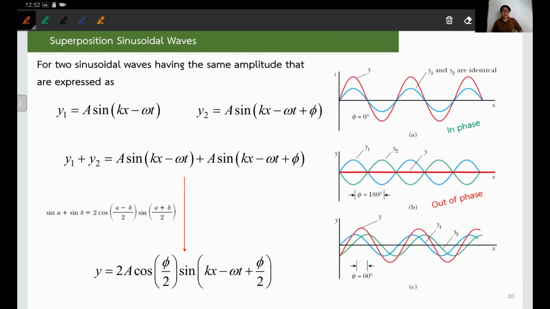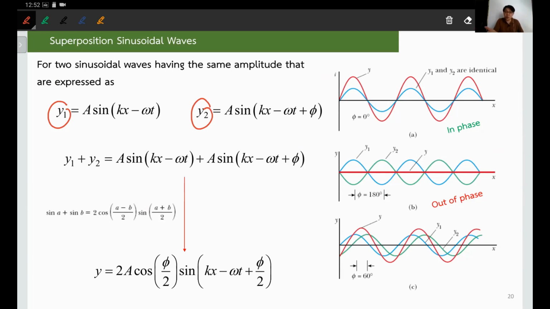The concept of this one, actually, we can go all the way back to the sinusoidal waves if you want. The reason I say you can go all the way back is that the basic concept is very simple. It's just displacement summation. That means you can express your waves in whatever form you like.